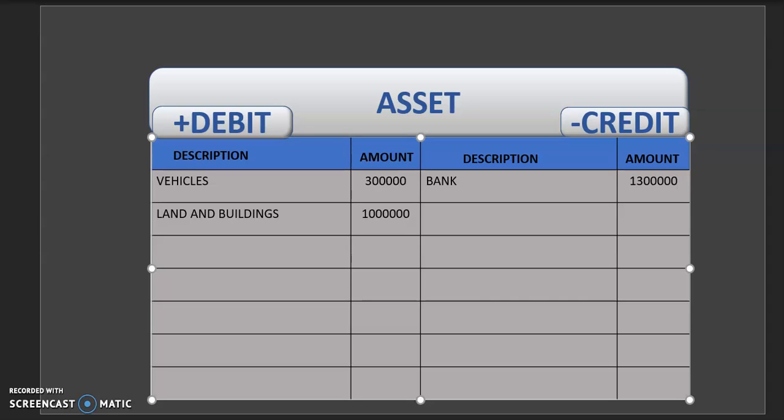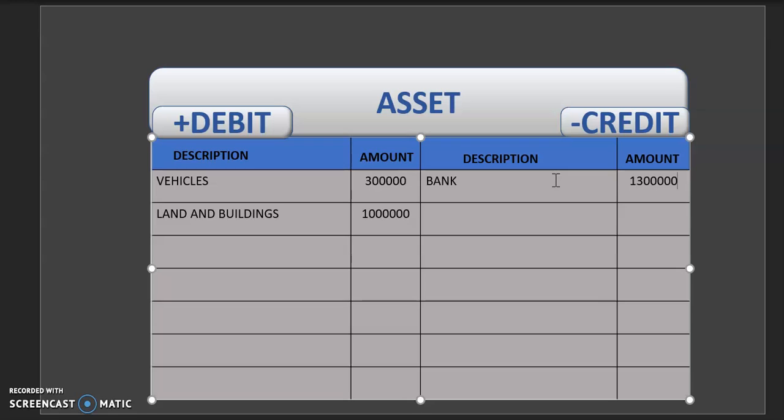Let's focus on this side now. Forget about this side, your debit side. Focus on this side now. The reason you are seeing bank on this side is because money left the bank account. A value of 1.3 million left our bank account. So there is a negative.